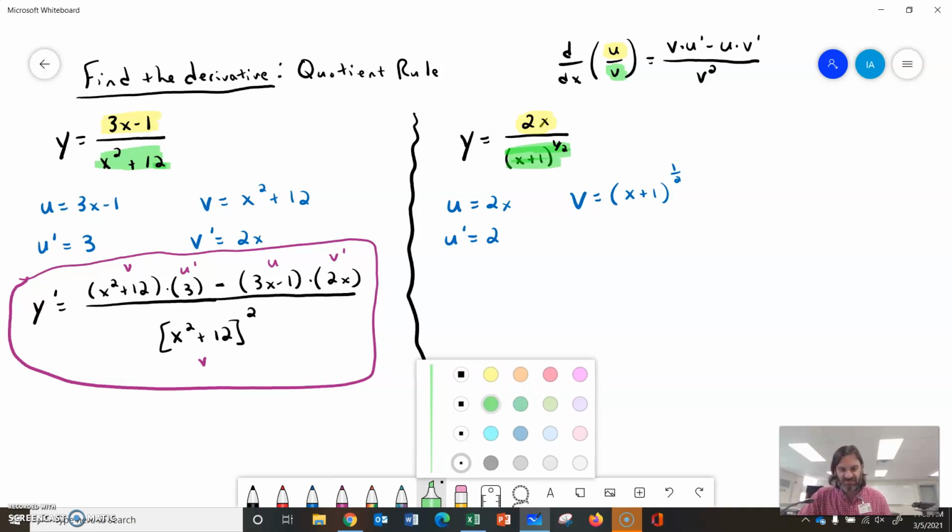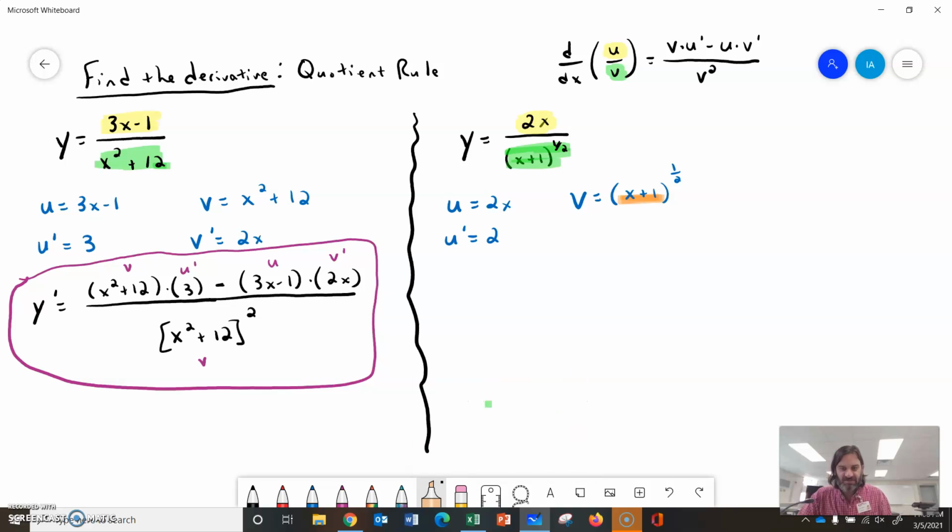Now you might get away not using the chain rule, but as far as the chain rule goes, in here, there is something other than just x. It's x plus 1. So if we use that, there is a u. U is x plus 1. So the u prime for that chain rule is just 1. So it really doesn't make a difference because the derivative of the inside part will just be 1.